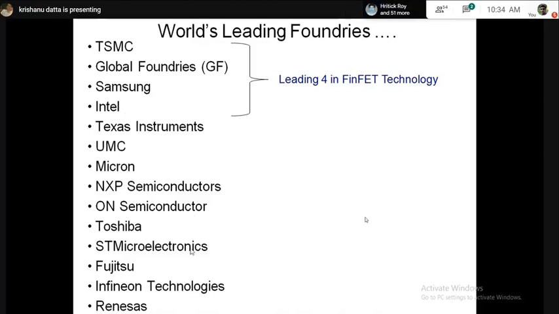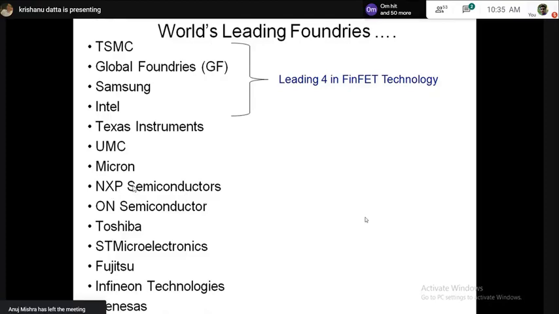Actually, then there are lots of companies. I think some of you can recognize Micron. Did you hear about the company name Micron? It's a world leader memory company. NXP Semiconductor is basically from Philips.